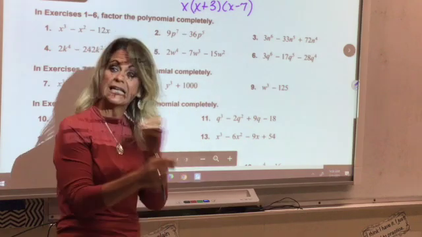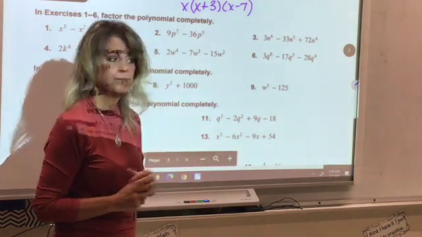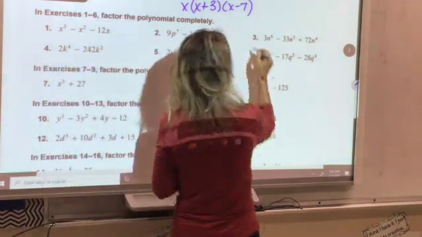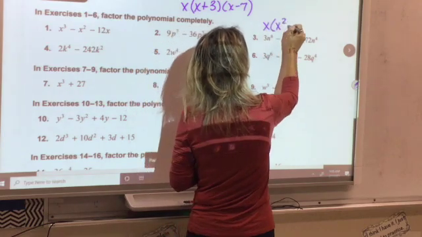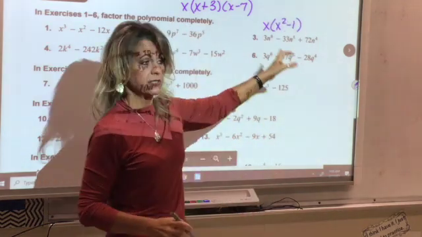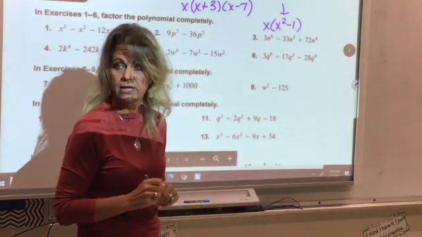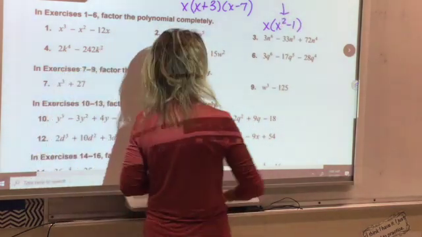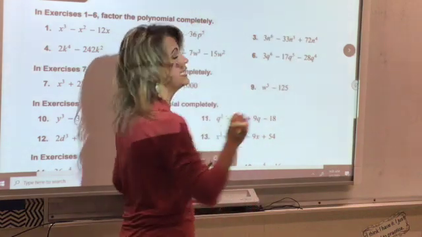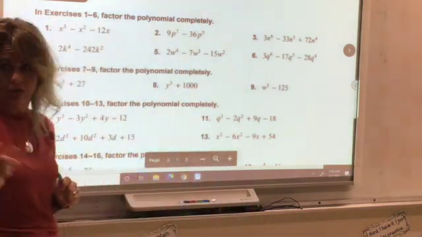That would be completely factored. Now, if I have something like x times x squared minus 1, that is not completely factored because this factors more. So you need to be sure and completely factor. Show all your work.